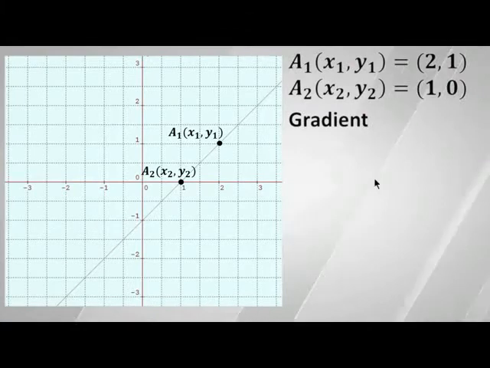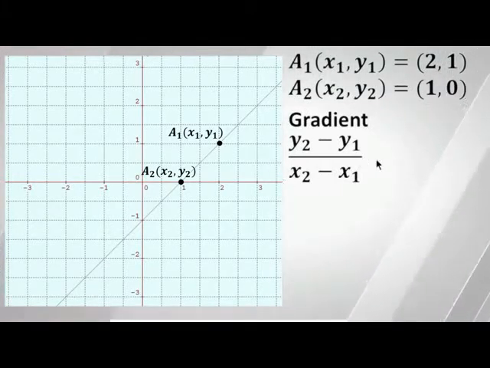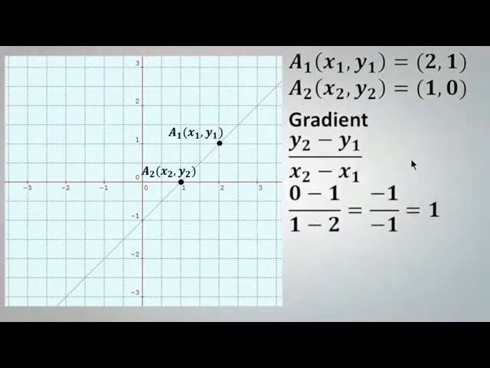The formula of the gradient of a straight line is (y2 minus y1) per (x2 minus x1). You simply need to substitute all the values and you'll find that (0 minus 1) per (1 minus 2) equal to negative 1 per negative 1 equal to 1. So the gradient of this line is 1.